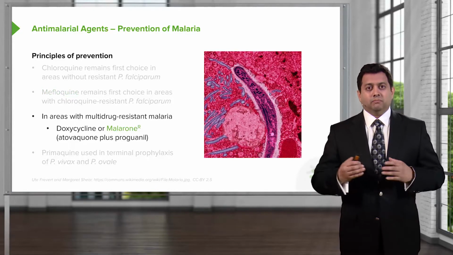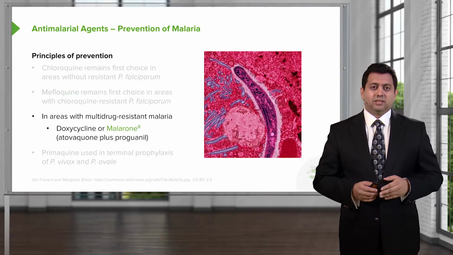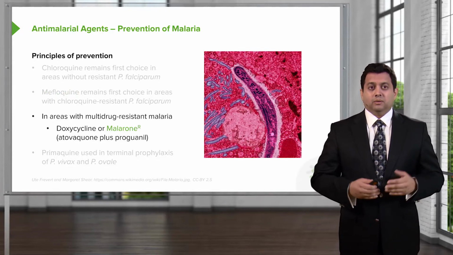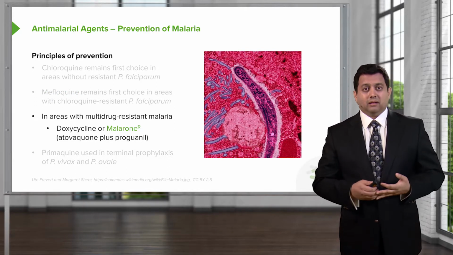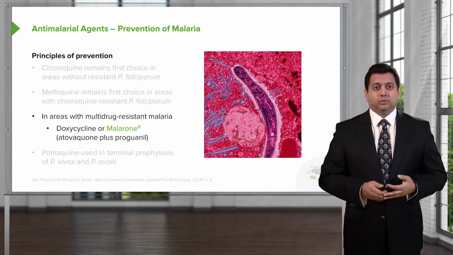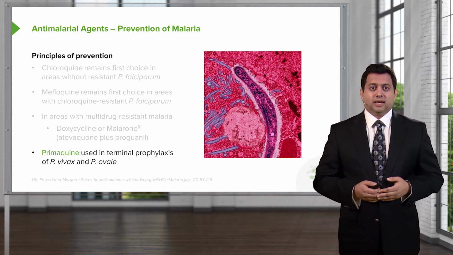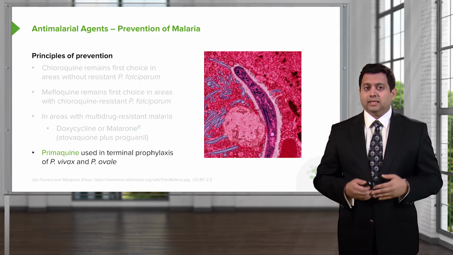In areas with multi-drug resistant malaria, so think in certain areas of Southeast Asia, we will use doxycycline or the Malarone that I had spoken to you about before. Primaquine is also used in terminal prophylaxis of P. vivax and P. ovale as well.